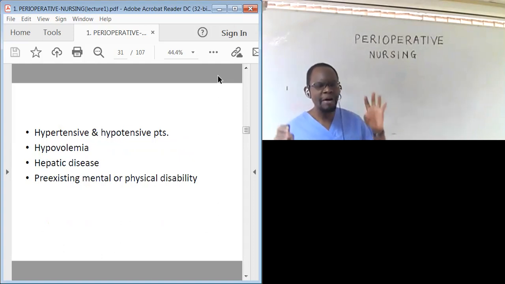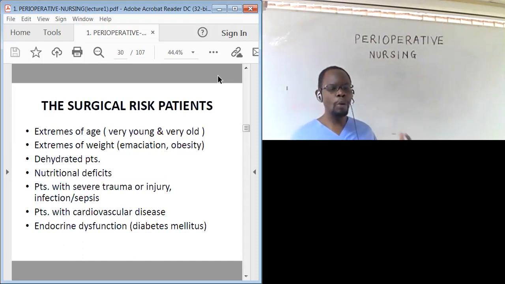Now, it is very important for you to know whether a patient is at risk of surgery or not, and what you can do to rectify this problem if the patient needs surgery. For example, if a patient is dehydrated, before you do surgery, make sure that the patient is well hydrated. If a patient has a nutritional problem, like for example if they are malnourished, then please make sure that their nutrition status is normal, or that it has improved before surgery is done.